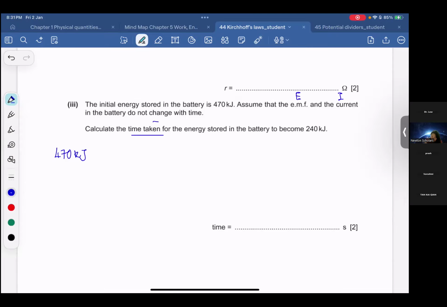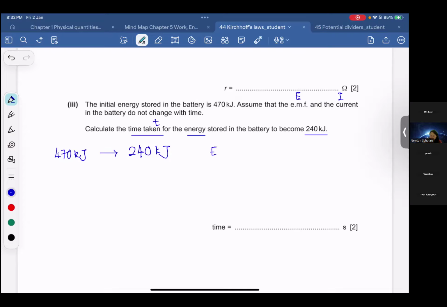We want to find t, for the energy stored in the battery to become, this one is final, 240 kilojoule. From 470 kilojoule dropping to 240 kilojoule, can you find out how long it needs?